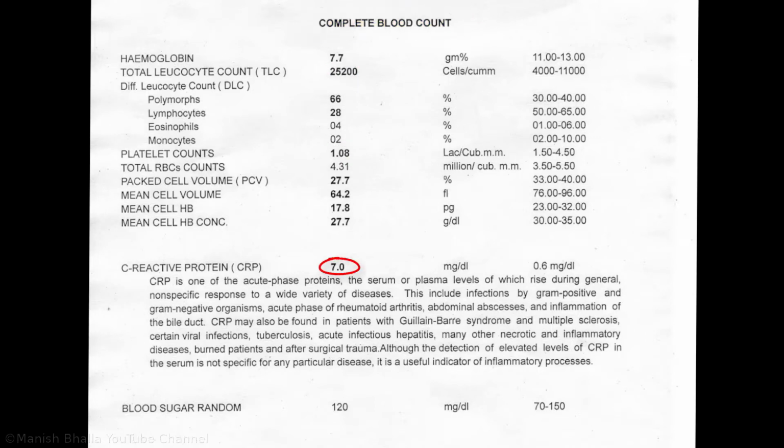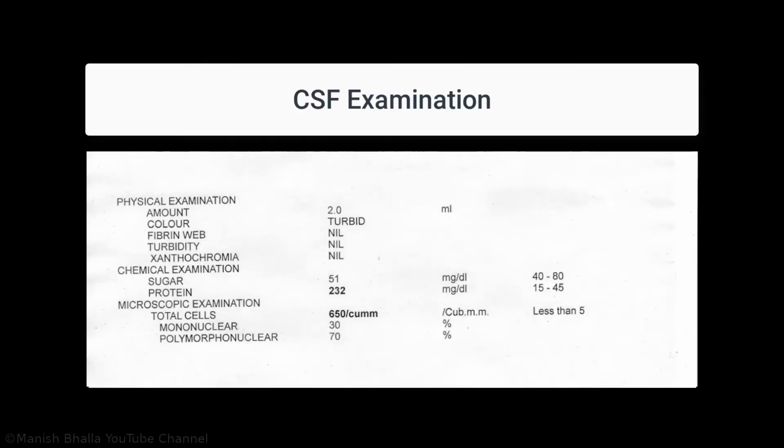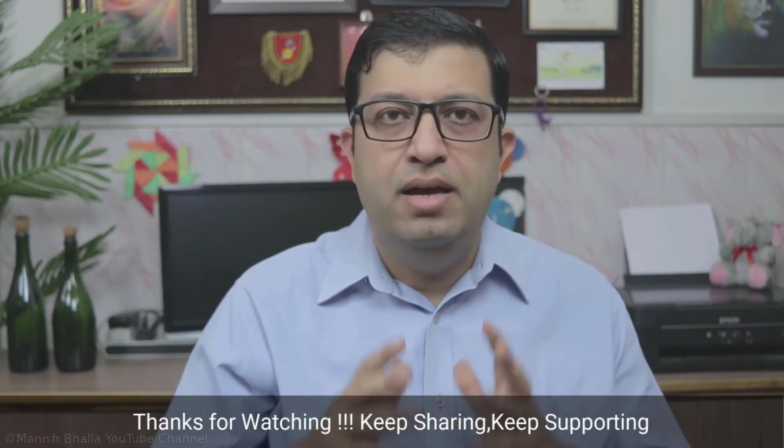CRP is raised, blood glucose is normal. CSF examination shows CSF to be turbid with glucose less than 50% of blood glucose with raised proteins and total cells with predominant polymorphs. Now, based on presenting complaints, examination and investigation findings, a diagnosis of bacterial meningitis is made.